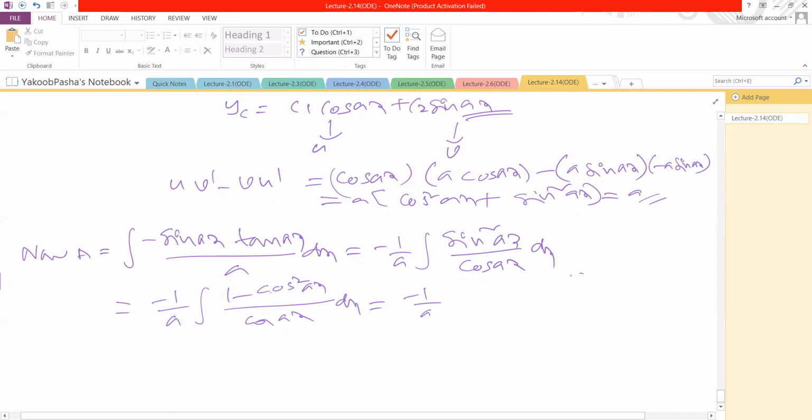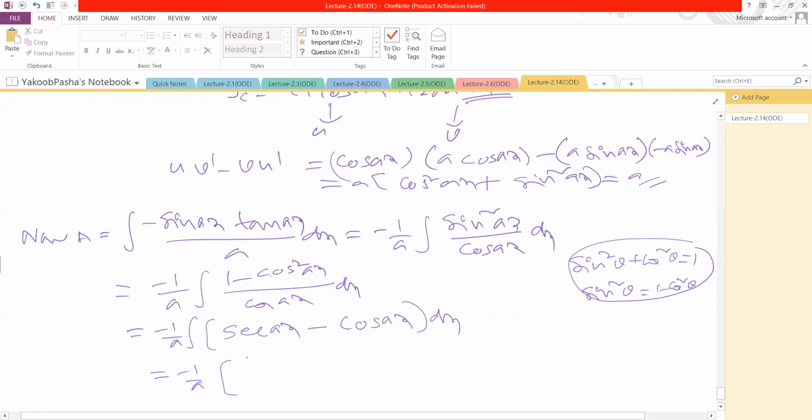From this we can write sin square theta, minus secant ax integration log secant ax plus tan ax, denominator is a, and cos ax integration sin ax by a.